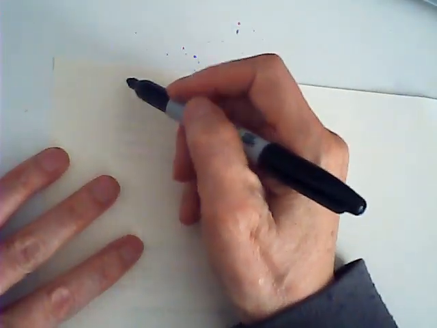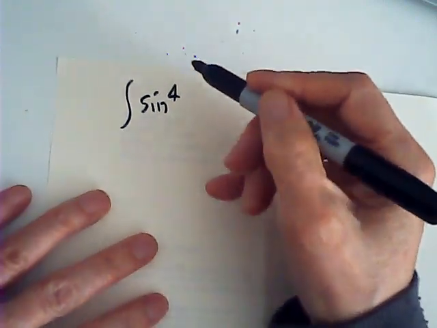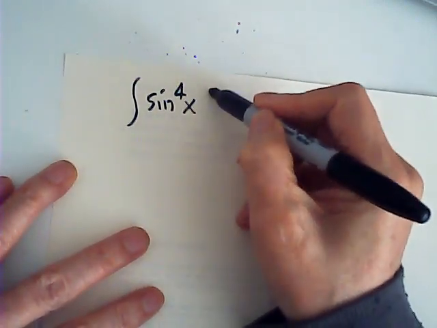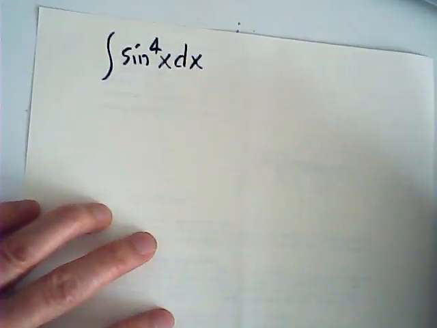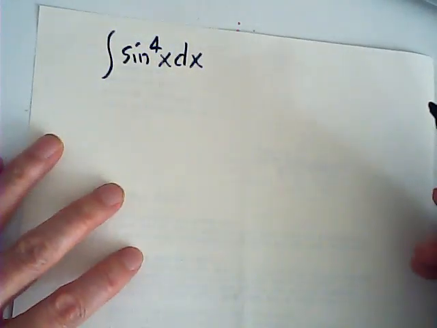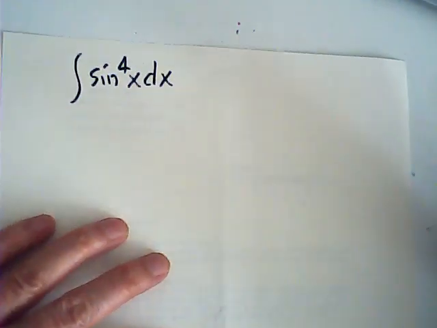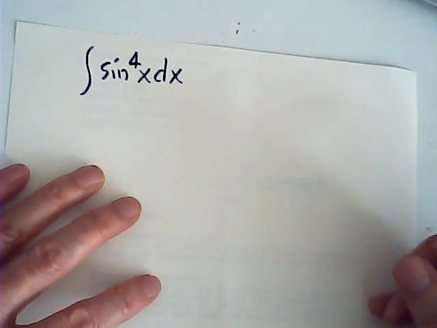Okay, next one. Sine fourth x dx. You are dealing with two problems here. One is the power function, one is the sine function. So you change one of them, either reduce the power or change the structure.